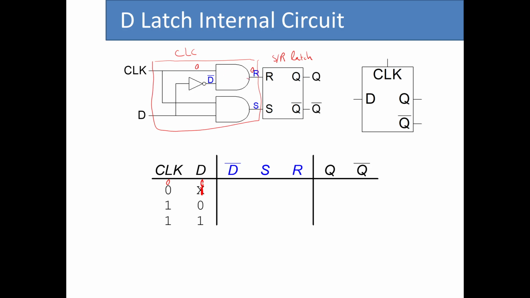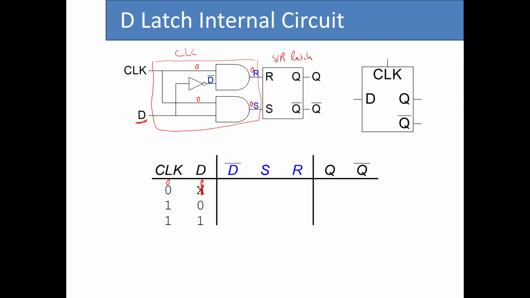So when clock is 0, the value for R is 0. On the other hand, when clock is 0, the input for the second AND gate is 0, which makes S 0. So again, when clock is 0, no matter what the value for D is, the output of these two AND gates is 0.